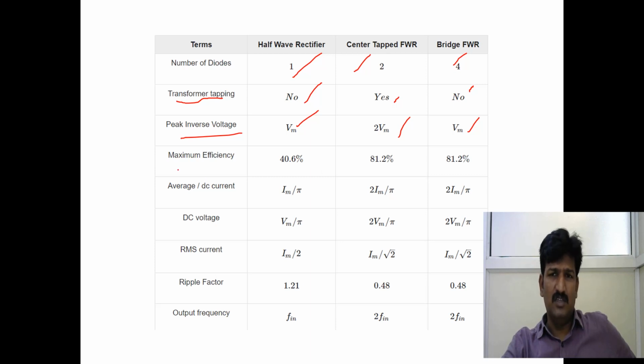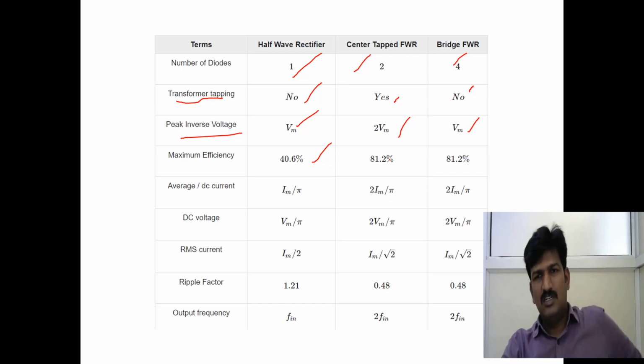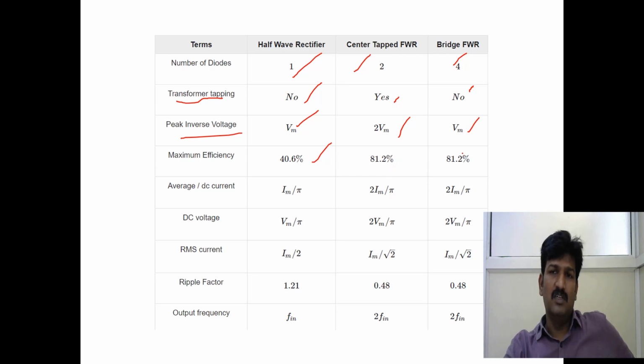Maximum efficiency is 40.6% for the half wave rectifier. It's very poor efficiency, so there is little use of it for rectification purposes. But the center tapped has 81.2%, the same as the bridge rectifier.